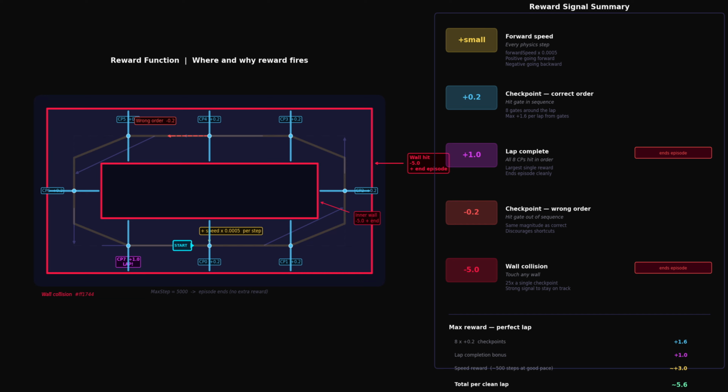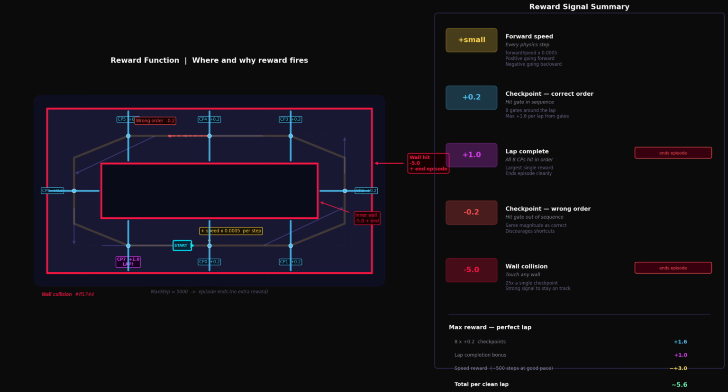Complete all gates in sequence and earn a bonus of plus 1, and the episode ends successfully. That makes a clean lap worth 2.6 from checkpoints alone. If you account for the fact that whenever it moves forward at a certain speed it also gets a reward, these two combined will get you a lot.